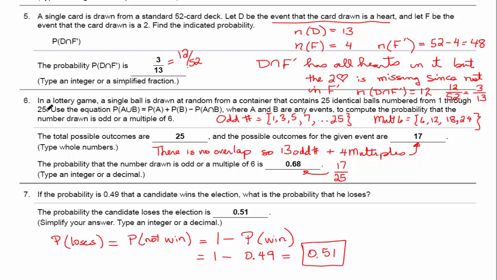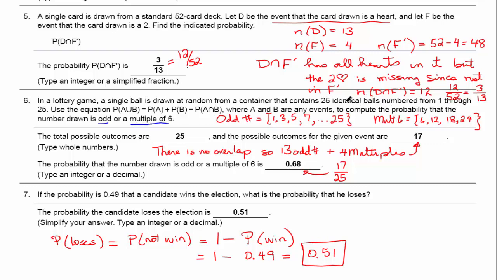In question 6, we have 26 balls in a bowl, and they're numbered 1 through 25. So I got numbers on these balls. We want to find the probability that it's either odd or a multiple of 6.